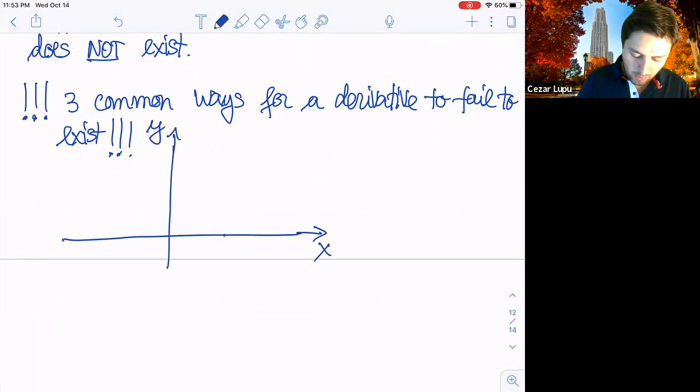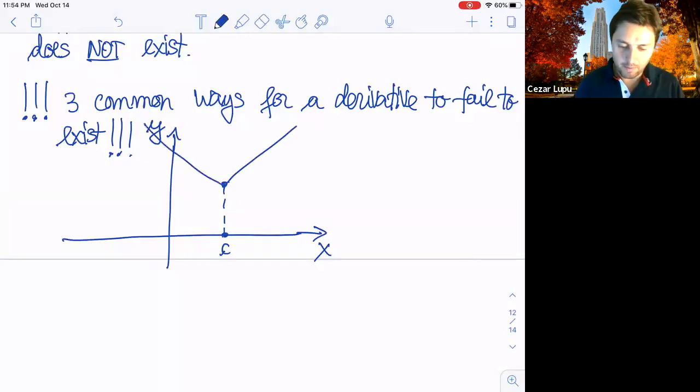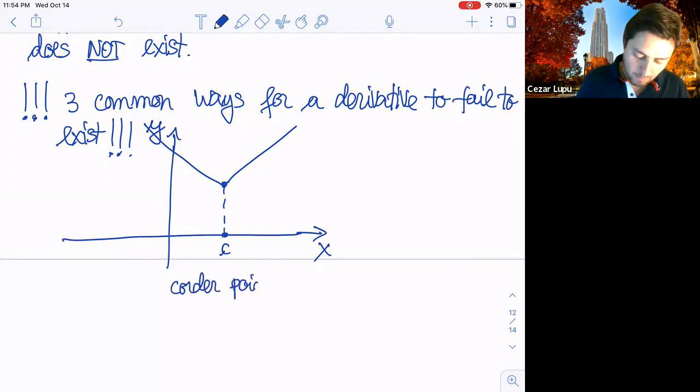So I have a point here, C. This is what we will call a corner point.